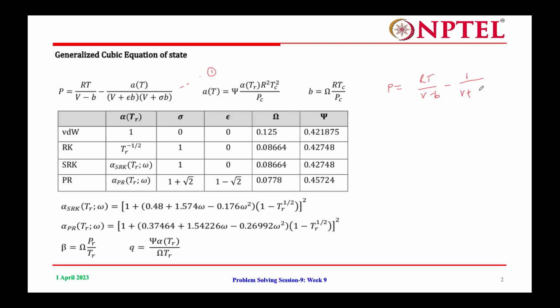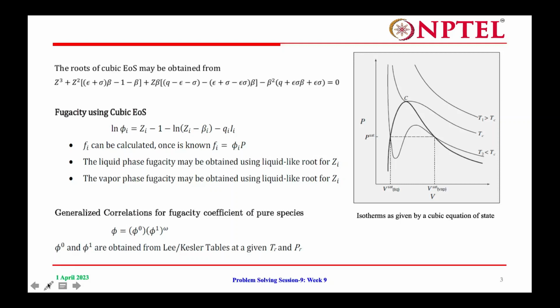So V into V gives V square. This is the van der Waals equation. Similarly, we can put the values of these constants in this equation and get the other equations. So the roots of the cubic equation of state may be obtained.